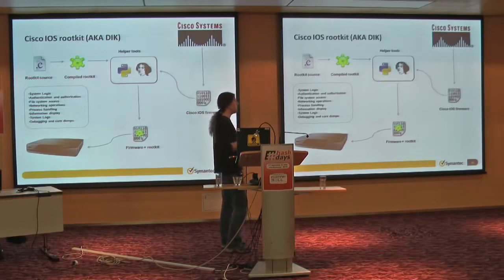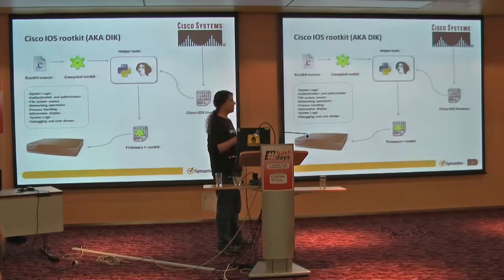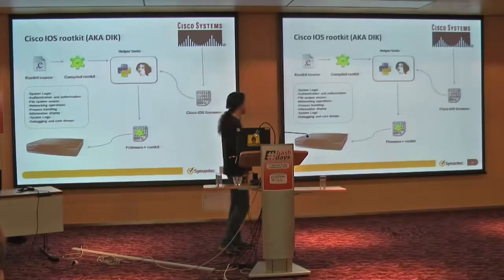This has a few complicated points, like the I/O stream, which is compressed. There are a few checksums which have to be corrected after the rootkit is inserted, and then the image has to be recompressed. He wrote these scripts and he created the rootkit. This one was never disclosed, but in the paper there are a few details on how to do it, so you can check them out.